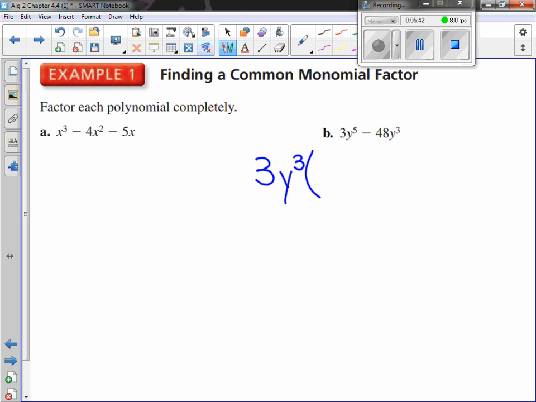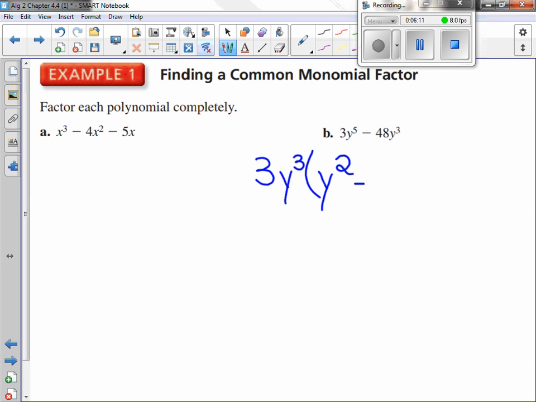So we need to factor it out. When I factor 3 out of 3, or 3 divided by 3, I get 1. Now y to the 5th divided by y cubed, or if I take 3 y's away from y to the 5th, I'm left with y to the what? 2nd. Because I had 5 total, I take 3 away, I'm left with 2.